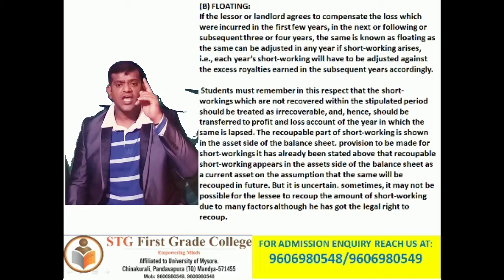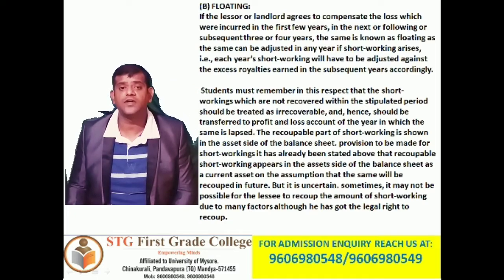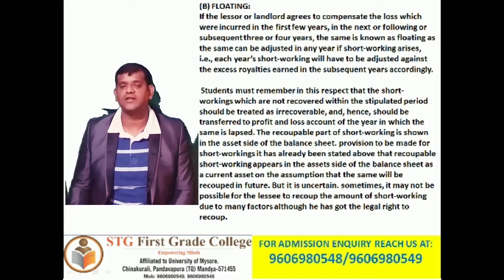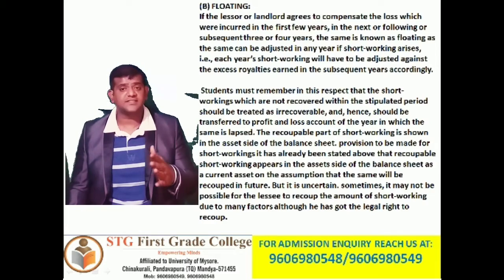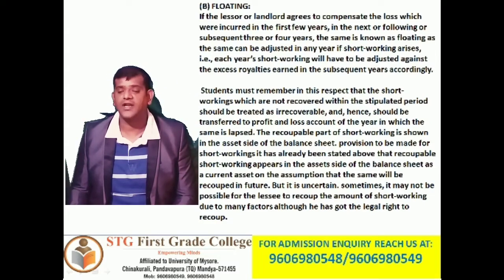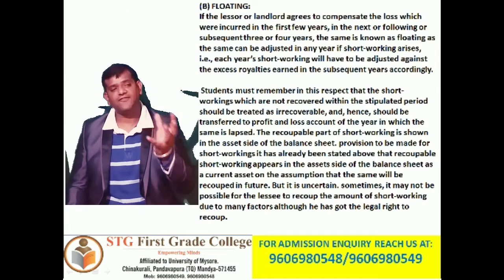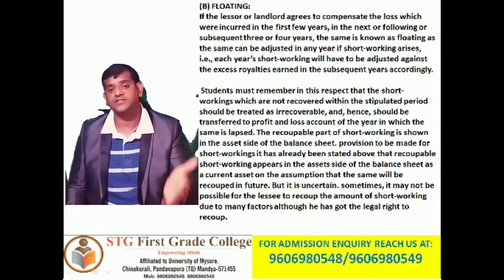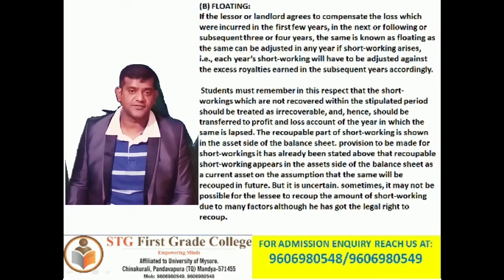That is, each year's short working will have to be adjusted against the excess royalties earned in the subsequent years accordingly. Every short working will be adjusted towards the next coming years.